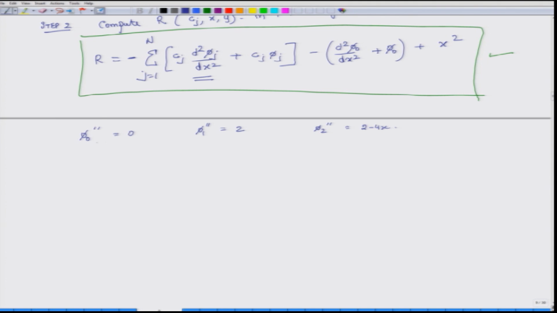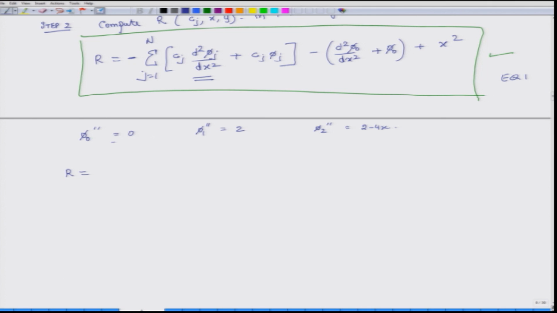So, I can plug these things back into my expression for R, and I do all the math. Let us call this equation 1.